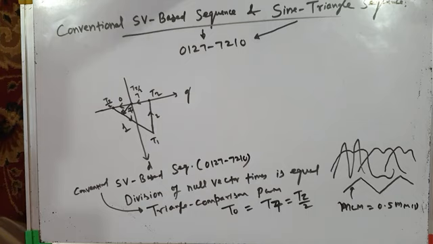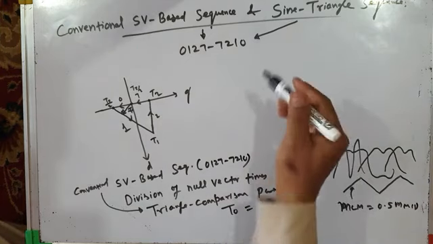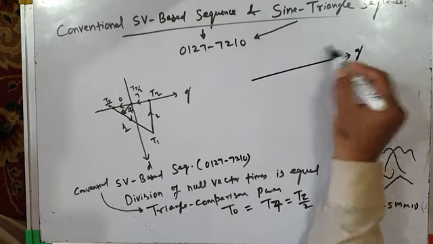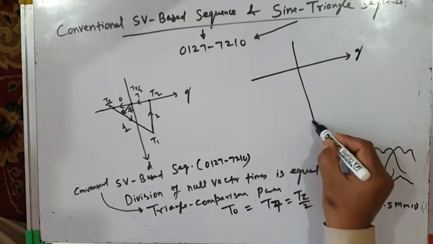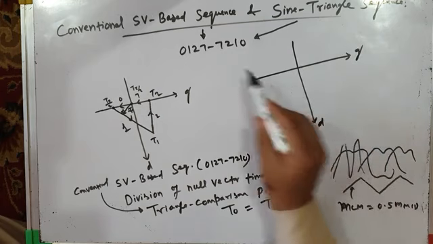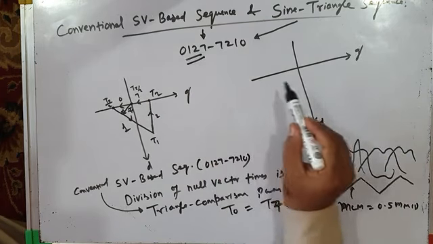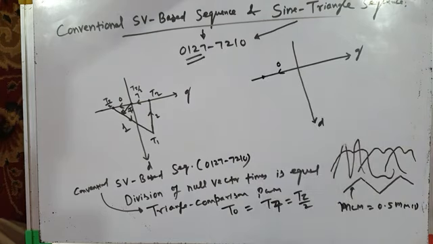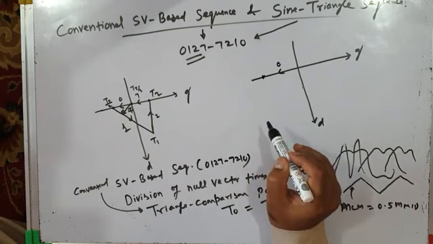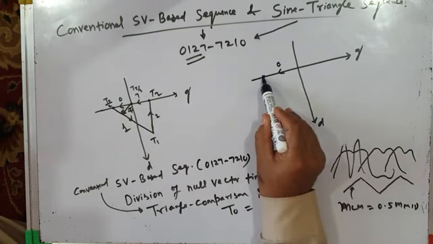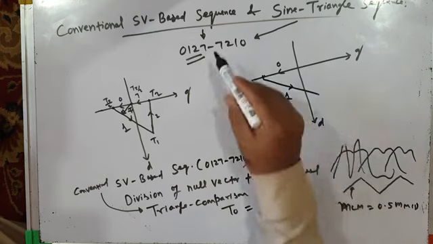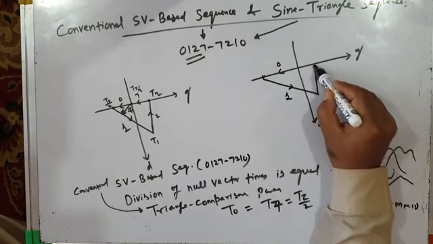Okay, now if you use sine triangle sequence, the situation is different. This is q axis, this is again d axis. Same switching sequence we will apply: 0, 1, 2, 7. Now null vector 0 may be applied for a longer time period. Then active vector 1 is applied. You can see this is active vector 1. Then active vector 2 is applied.